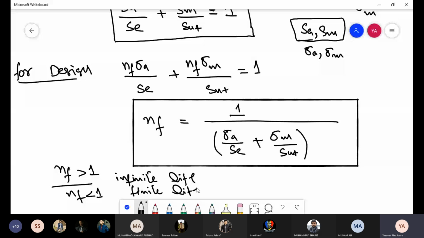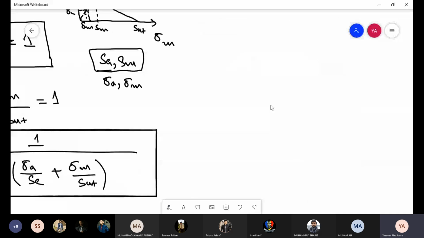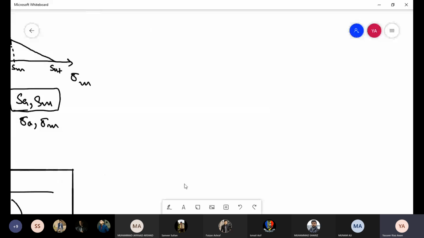And when we have finite life, we can calculate how much life that is. We will see later how to calculate that. So this was for the modified Goodman line, and we also have the Langer line.